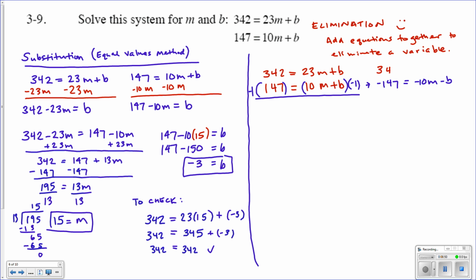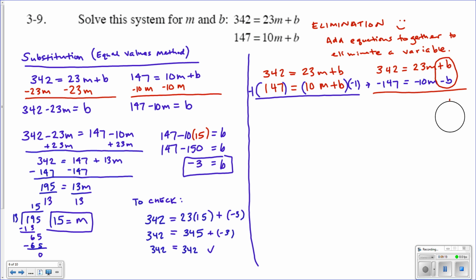So we have 342 equals 23m plus b. Now, like I said, you may be more used to just doing subtraction. You can do that. However, it's not always just as simple as this one is. But you'll see here, if we try to add these two equations together, b plus -b is going to eliminate the b's because b is going to be 0.